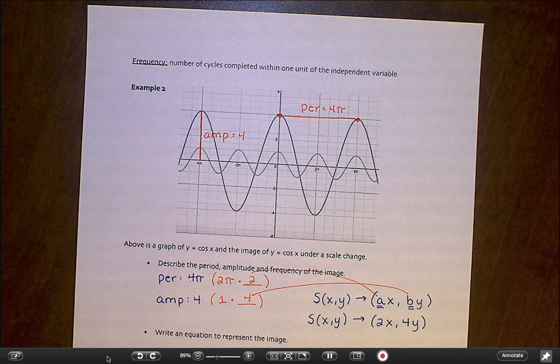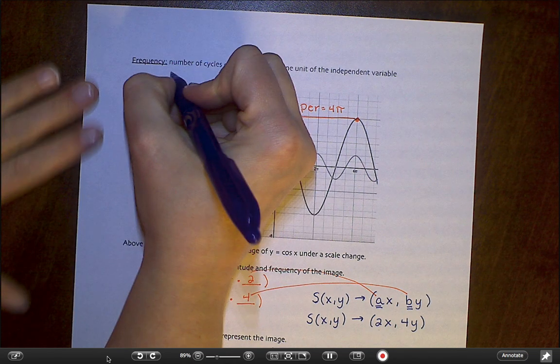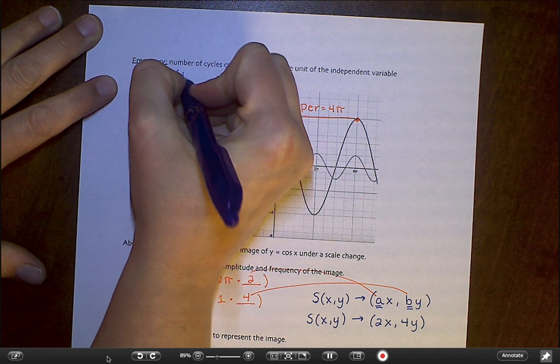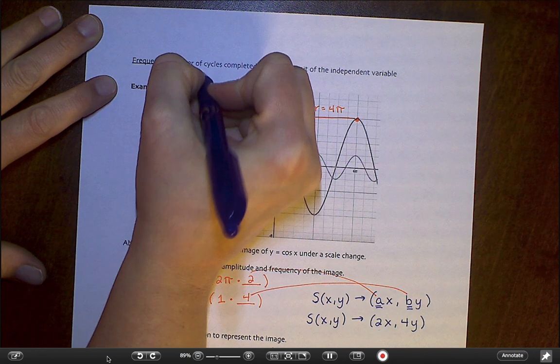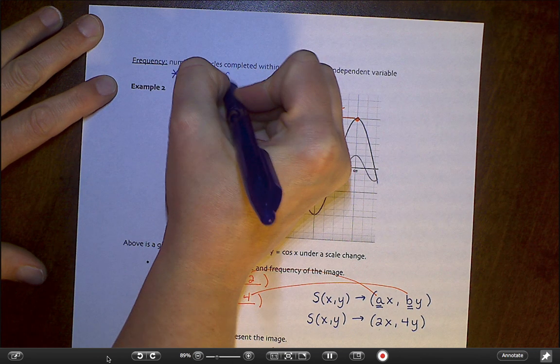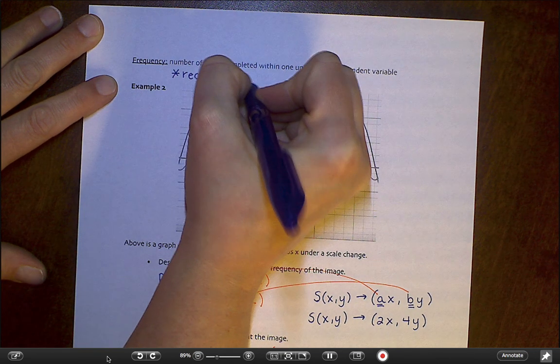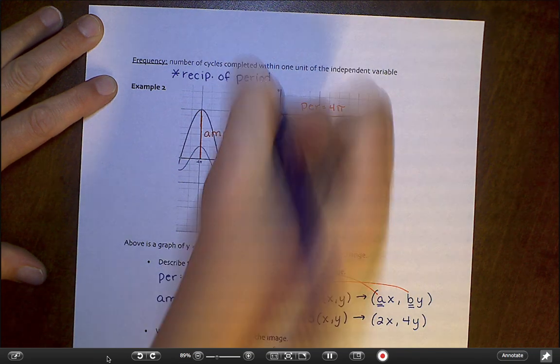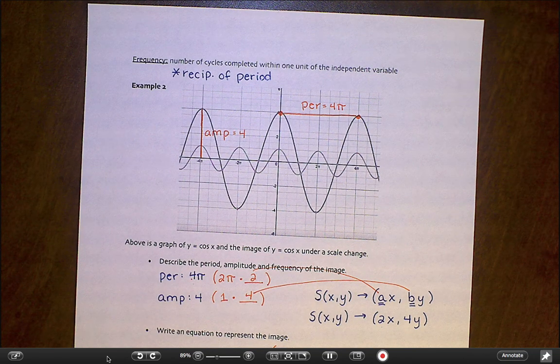What fraction of a cycle have I completed? I think the easier way to think about frequency is to know that it is always, always, always just the reciprocal of the period. Okay, it's the period flipped upside down.